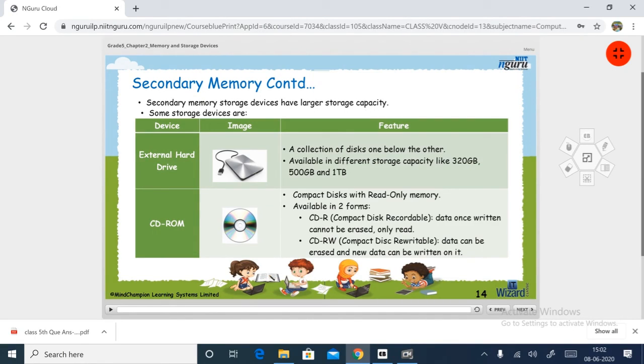It is available in different storage capacities like 320 GB, 500 GB and 1 TB. GB means gigabyte and TB means terabyte. Next is CD-ROM, compact disk read-only memory, available in two forms, CDR and CDRW.